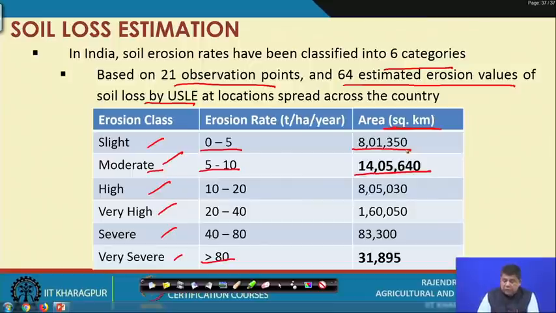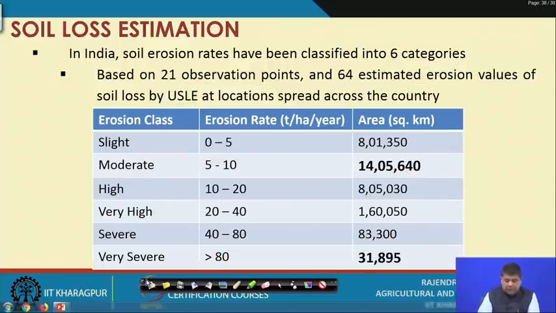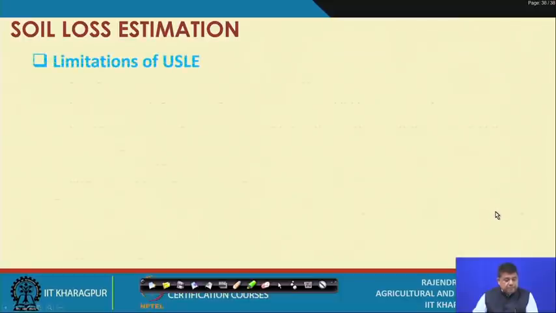And of course, when we were discussing soil tolerance, we saw that we must keep soil loss within the moderate limit. That means these higher levels are unacceptable. So, we have to take various kinds of soil erosion control measures in order to control the higher loss of soil wherever it is occurring.